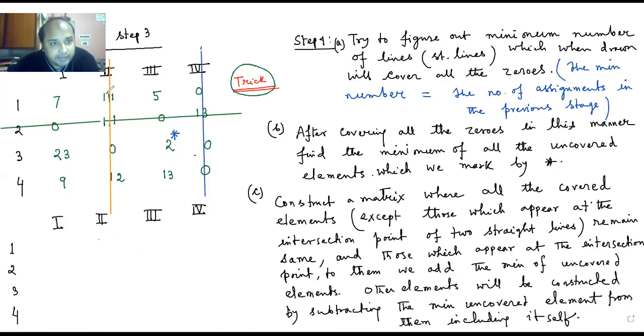First of all, this number 11, I'm writing over here 11. Then this 0 is covered, I'm writing. This 0 is covered, I'm writing here. This 0 is covered, this 12 is covered. And this 0 is covered, this 0 is covered.